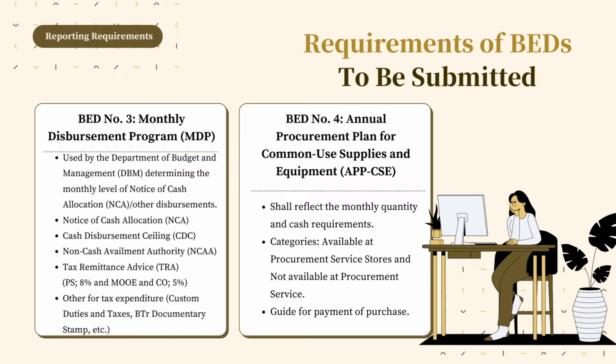For non-cash availment authority or the NCAA for the cost of goods sold and cost of goods and services paid directly by lending institutions to creditors of the NGAs implementing a foreign assisted project, and tax remittance advice or the TRA for the remittance of withheld taxes computed or estimated as for personal services or PS, so it is salaries only, with the interest of 8%, and for maintenance and other operating expense or the MOOE and capital outlay or the CO with 5% interest.